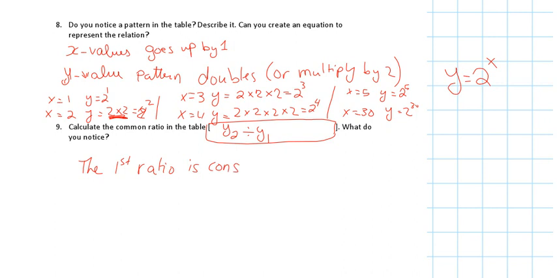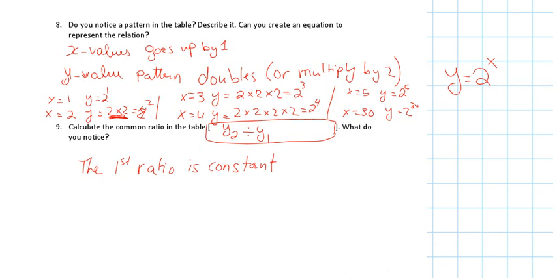Something that you guys are going to relate to later on, but it's important to see it right now. What was your first ratio on the table? 2. What's your base of your function here? They're going to always match. So whenever you write your function, your ratio is the base.